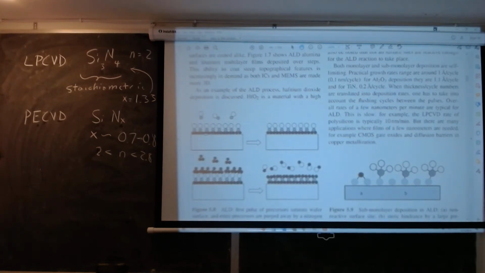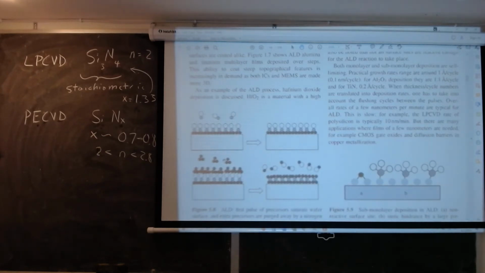For example, you may do a first step where you introduce a gaseous species that deposits one layer of material. And then you introduce a second gas, on top of that first layer, that introduces a second layer. Now when I say layer, I mean monolayer, I mean one atom thick.